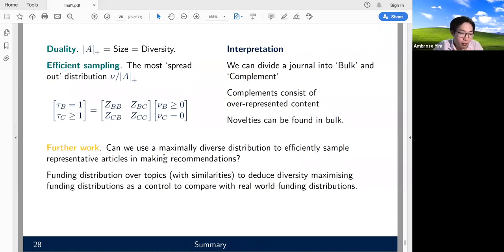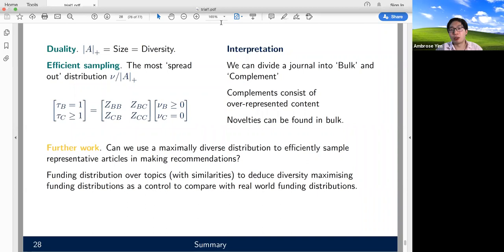Another thing that we're interested in, and getting this data signed up to a university contract is a slightly non-trivial thing, is to look at funding distribution. Let's say I'm the Wellcome Trust, and I want to distribute funds over topics that I'm interested in, how do we do so in a maximally diverse way?